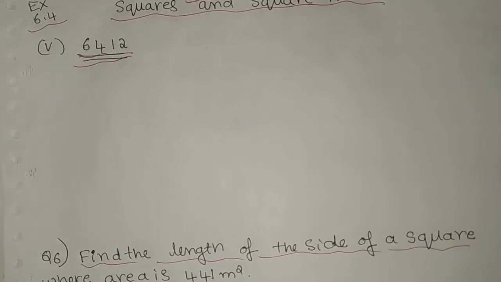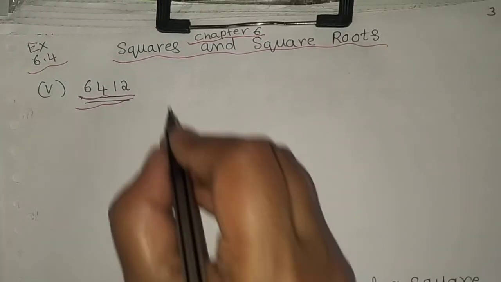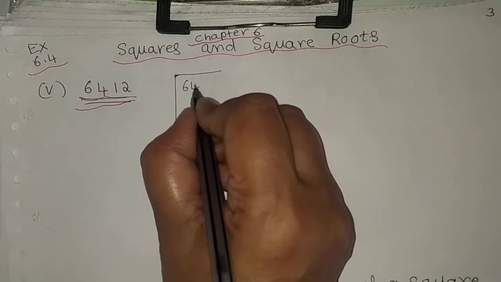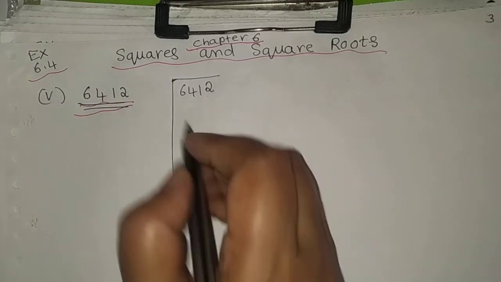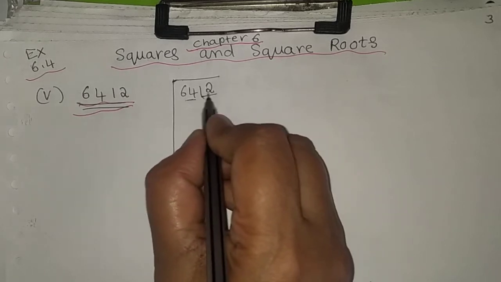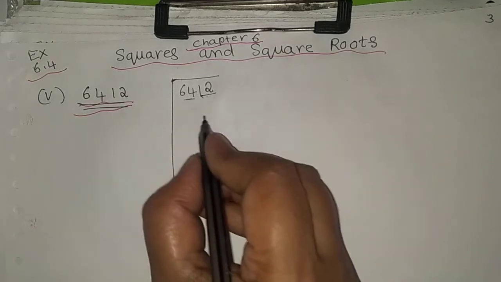Here the number is a 4-digit number, that is 6412. So here we'll start the problem. Take 6412. Therefore, the first step is to pair the numbers: 12, 64. Find the nearest square root of the number.